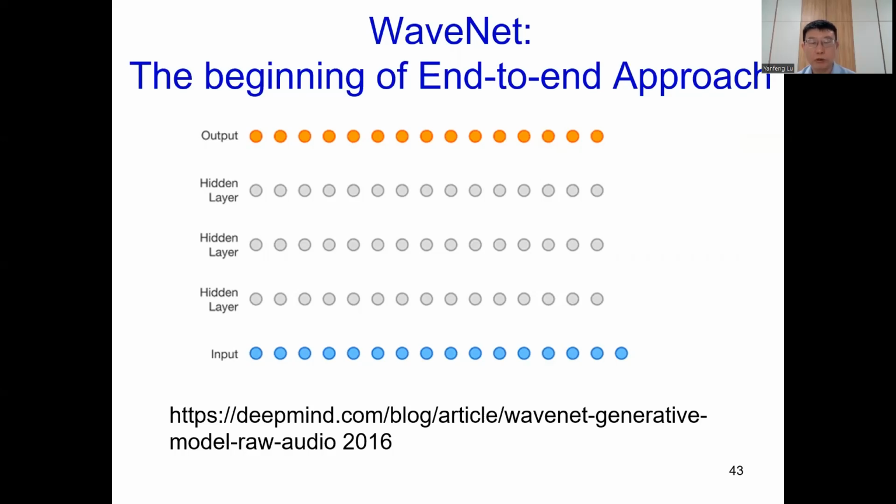Due to this large number of samples, we cannot generate samples directly. We have to generate acoustic features as an intermediate step. The acoustic features are frame level features, and a frame could contain many samples, so the number of acoustic features is much less than the number of samples.